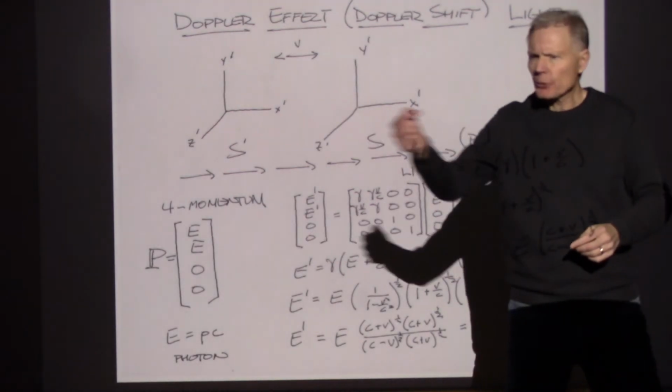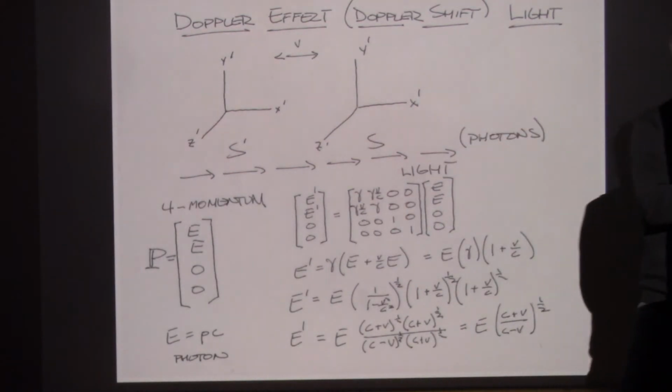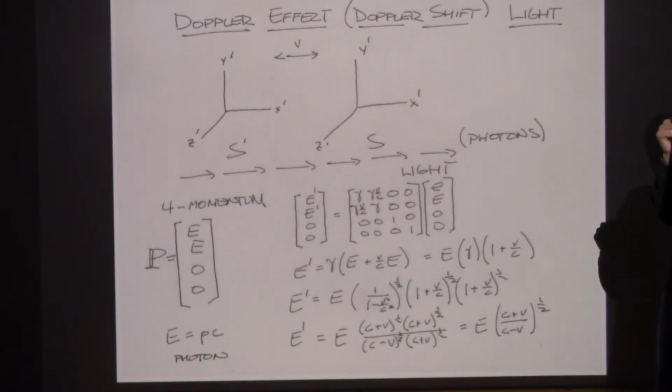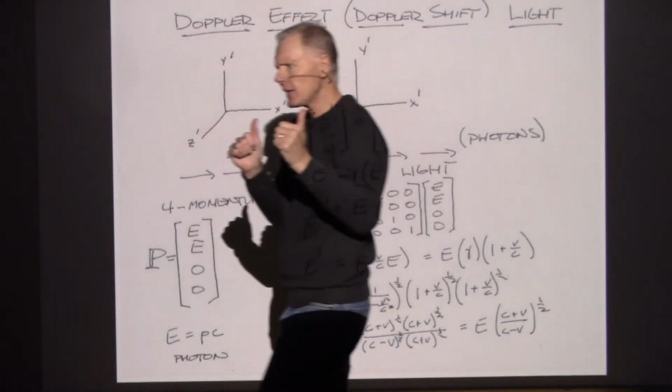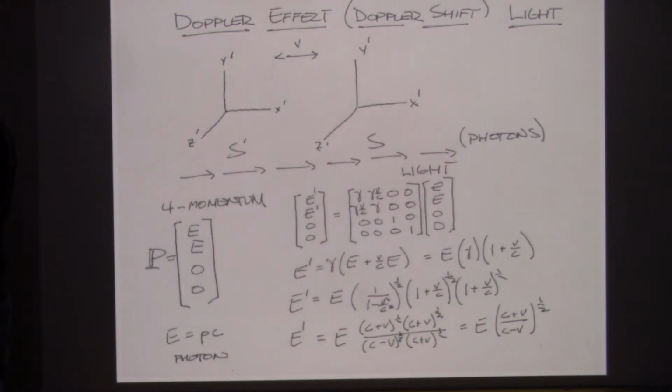If the photons are coming towards me, and I move into a frame headed towards the photons and look over to see how much energy they have, they will get measured as having more energy.